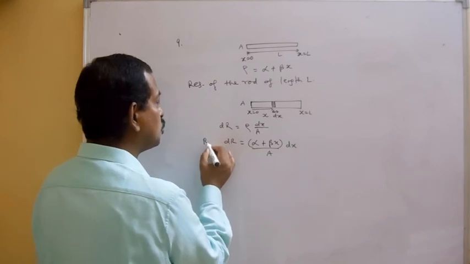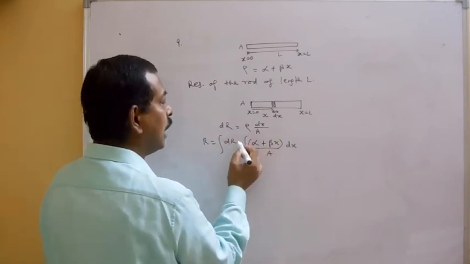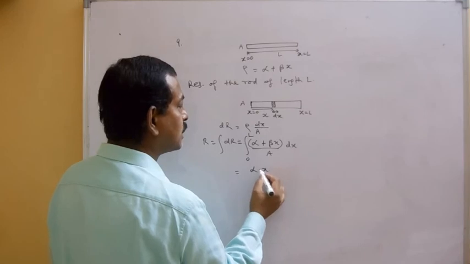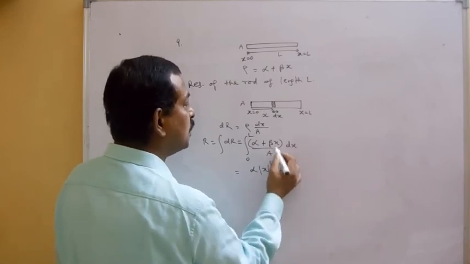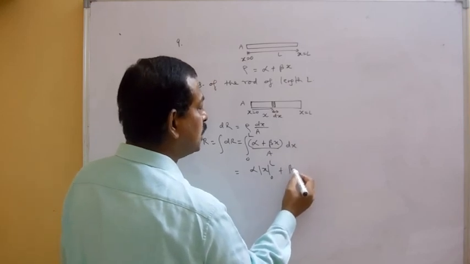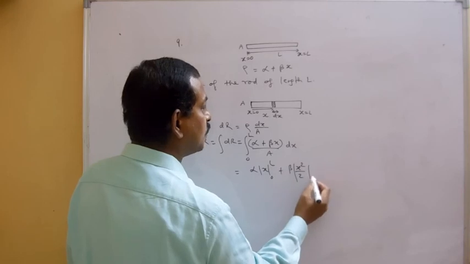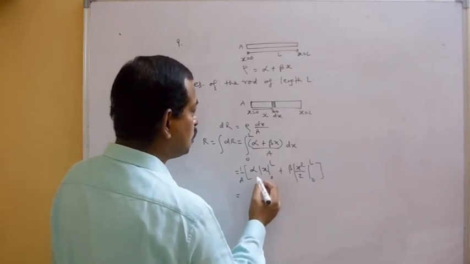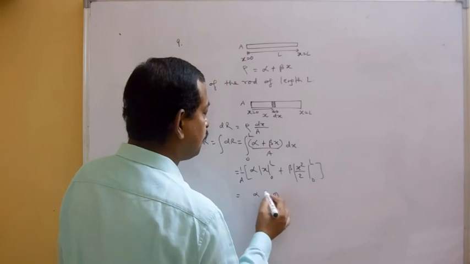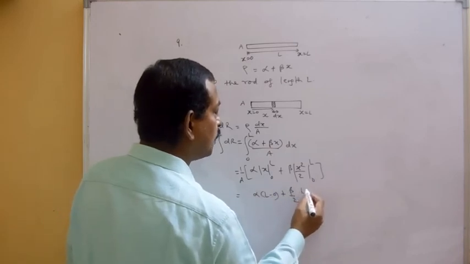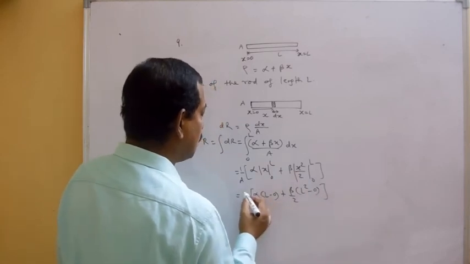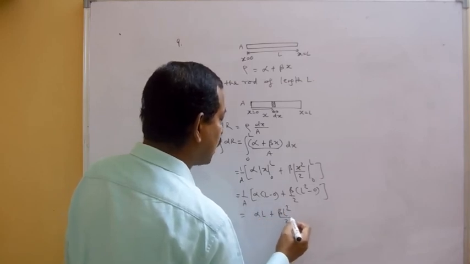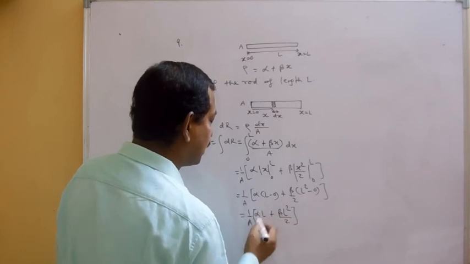So it will be the integral of dR, from 0 to L. So this will be alpha x plus beta x dx, whose integral is beta x square by 2, from 0 to L, and the whole term will be divided by A. So this is alpha L plus beta by 2 L square minus 0, divided by A. So this is alpha L plus beta L square by 2, and the entire term divided by A.